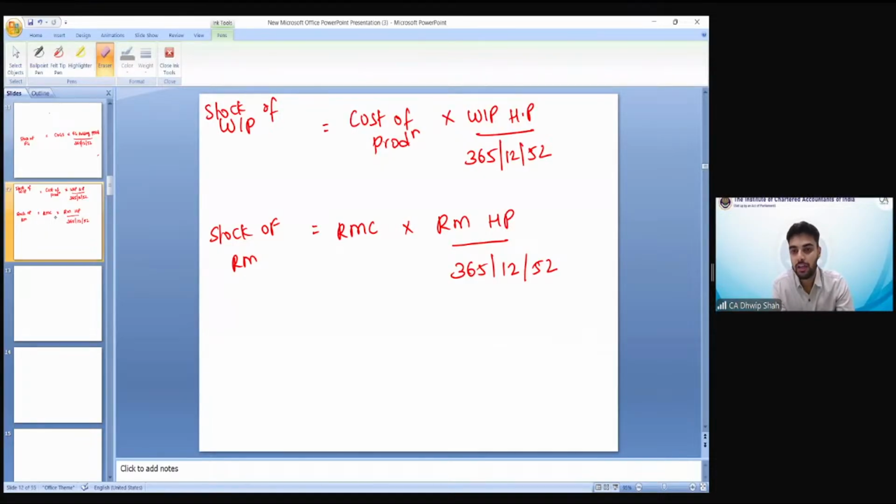WIP holding period means the amount of time the goods are in process. How long the goods are in the production process, that is the WIP holding period. And stock of RM is nothing but RMC, raw material consumption, into RM holding period divided by 365, 12, 52. Likewise, receivables.